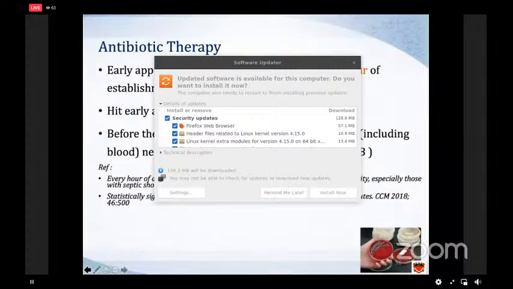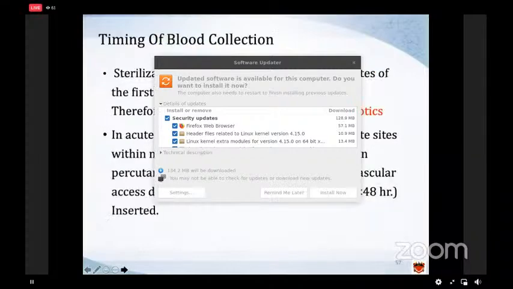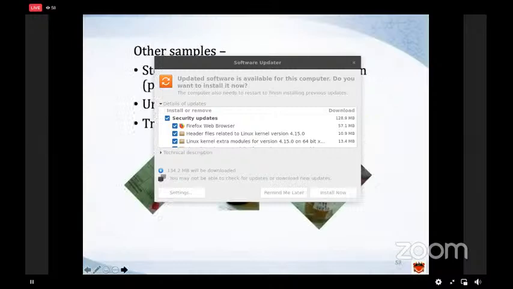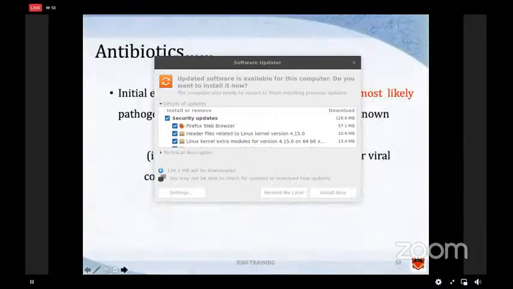The culture taking has to be done before starting antibiotics, because even with the first dose of antibiotics, the blood can be sterilized. So there's no point of taking blood cultures after giving antibiotics. So take the cultures before starting antibiotics. Then hit the patient with antibiotics.